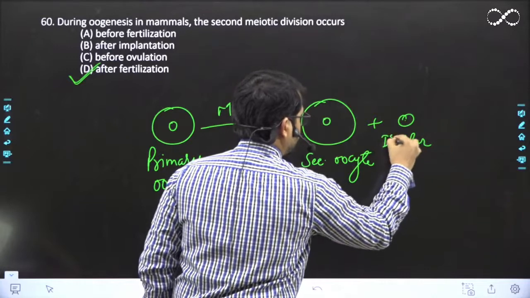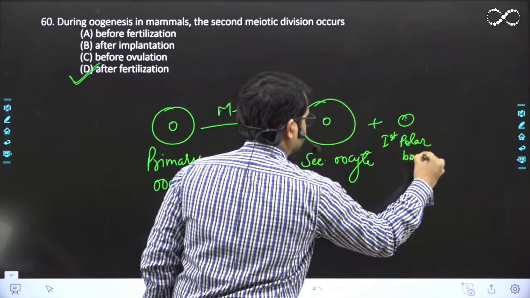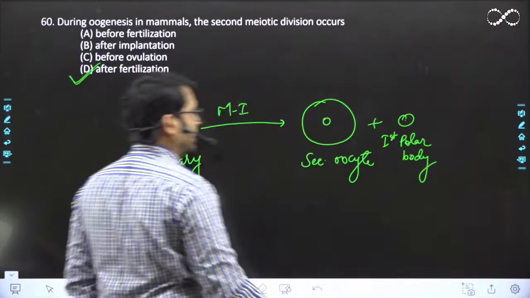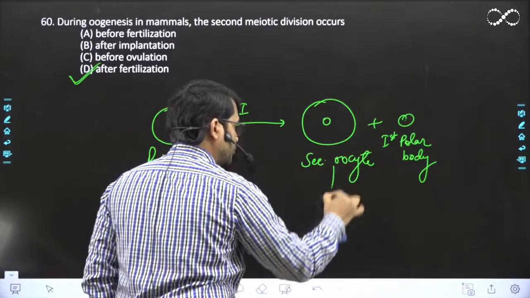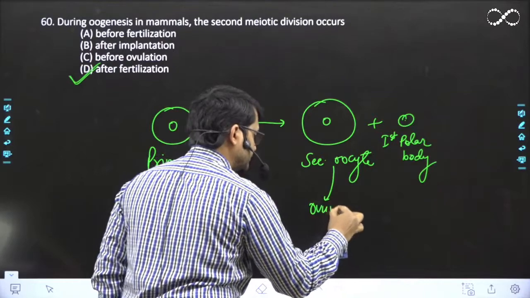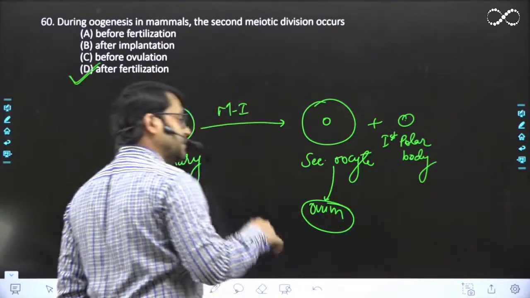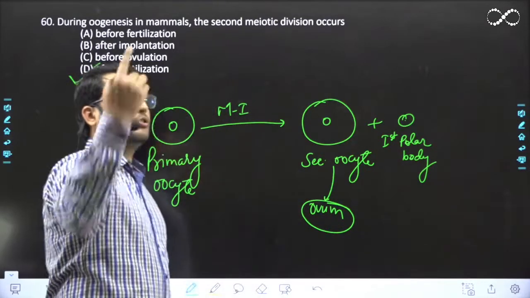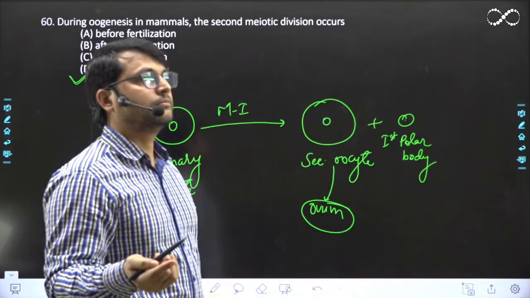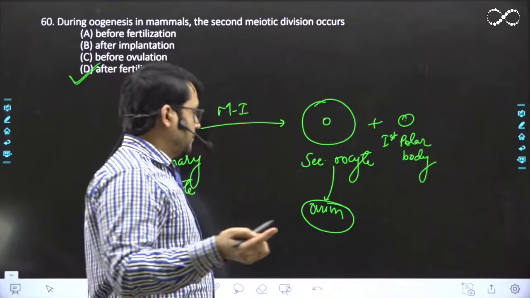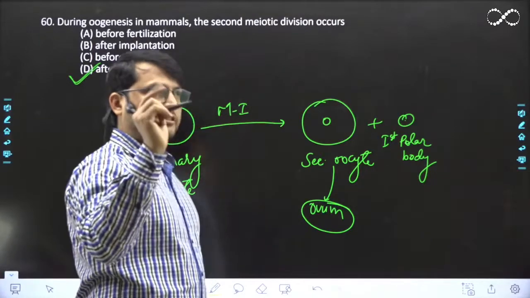This is the first polar body, and the secondary oocyte later on matures into the ovum. This ovum is released during ovulation and goes on.